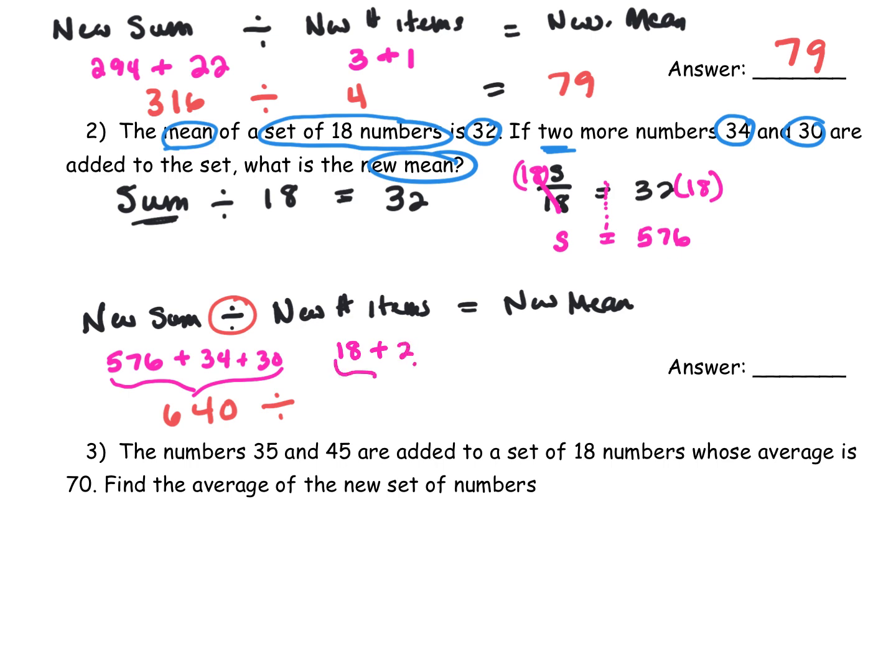So now we have a new number of items: 20 numbers that were added together. So our new sum of 640 divided by our new total of 20 is going to give us our new mean. 640 divided by 20 is 32. And as it turns out, the original mean and the new mean are the same.